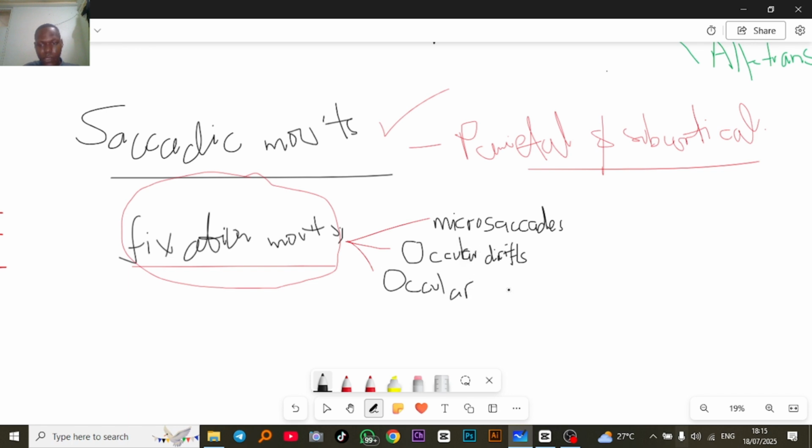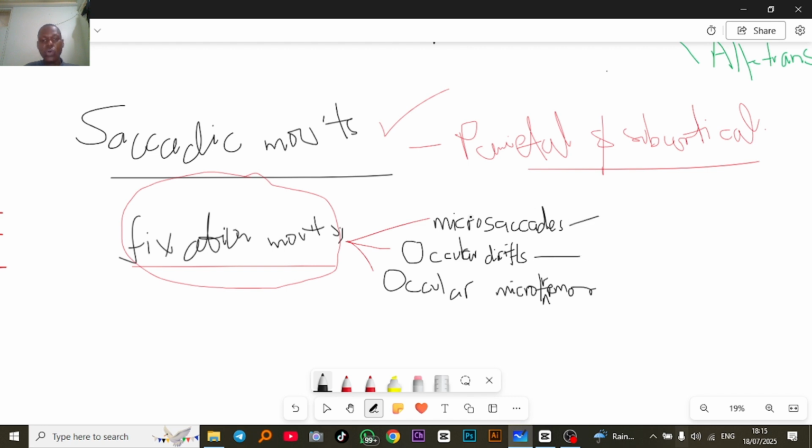Then you have what we call ocular microtremor movements. So how do they differ? The microsaccades are the high speed movements or rapid movements.